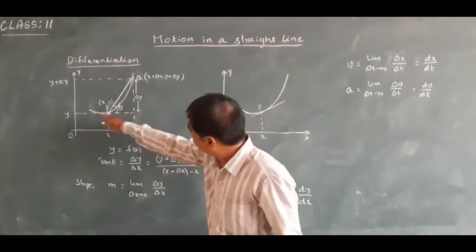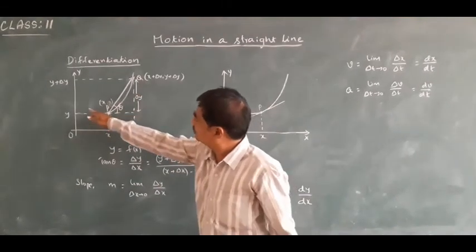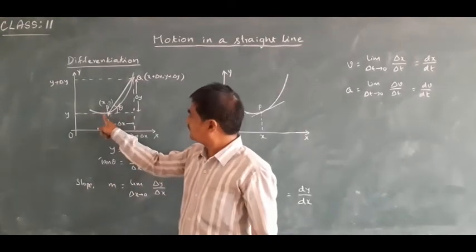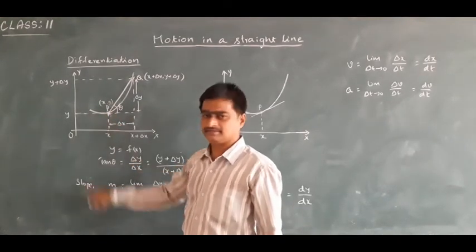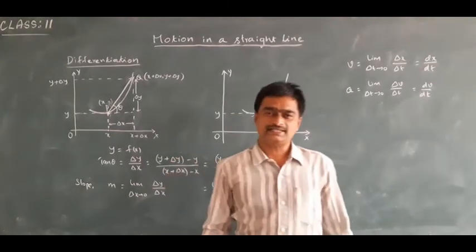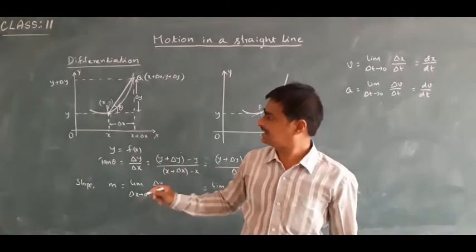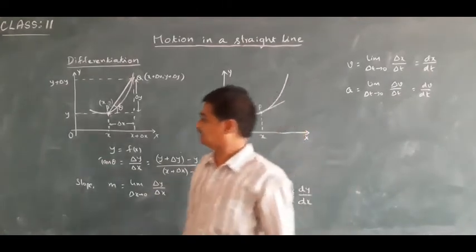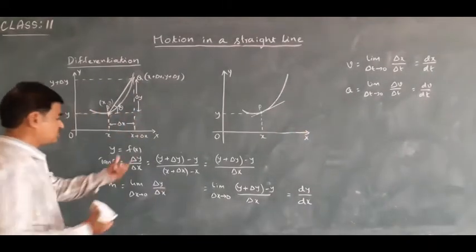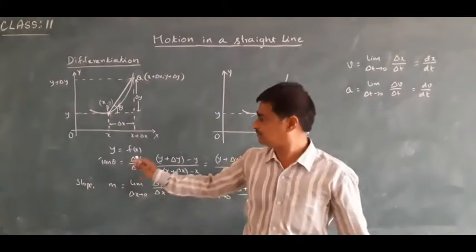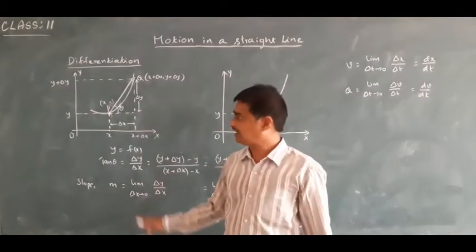We take as an example a curve like this. On this curve, we take a point of observation as P. Then, what is the exact change of the function at P? To understand that, y is a function of x. If we change the value of x, y changes.